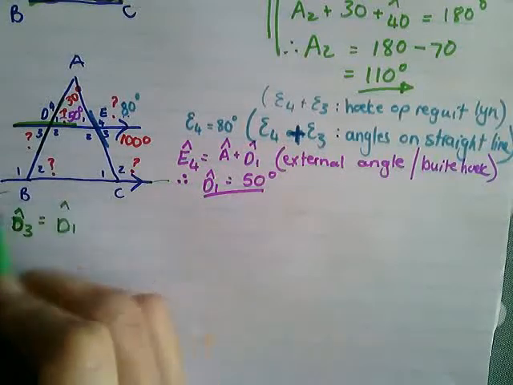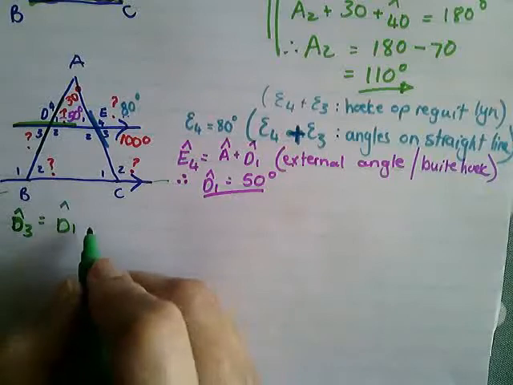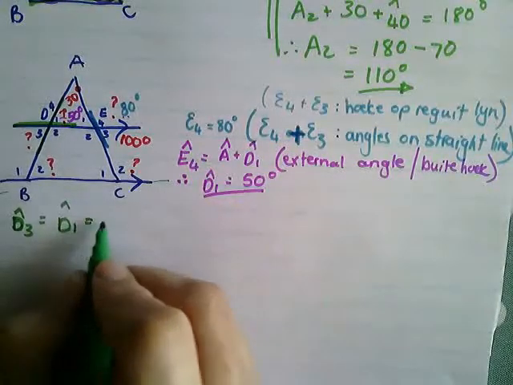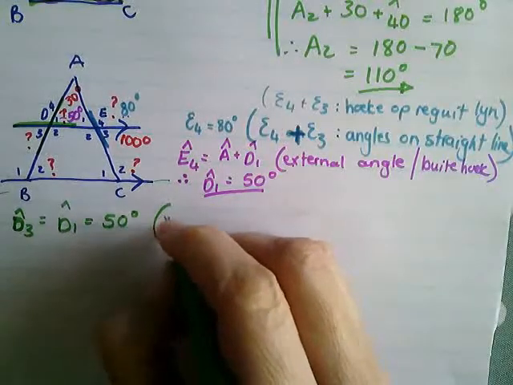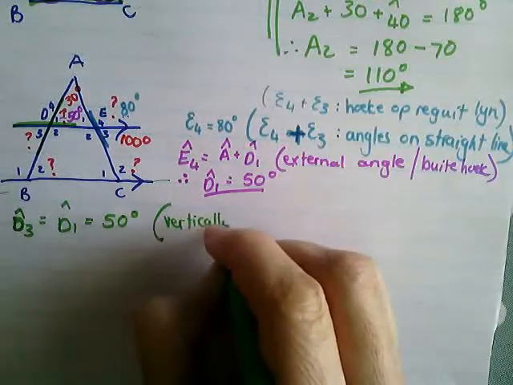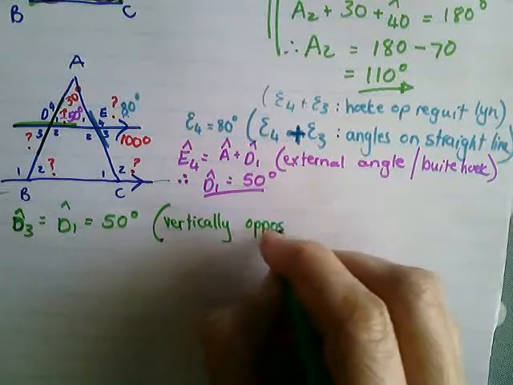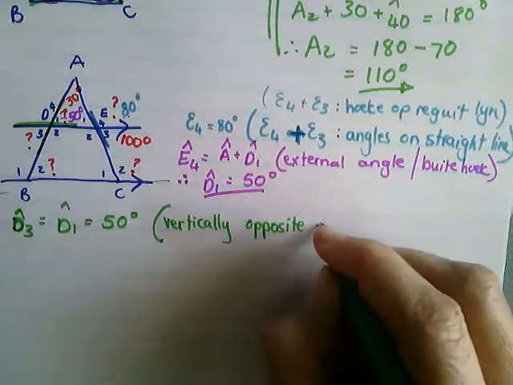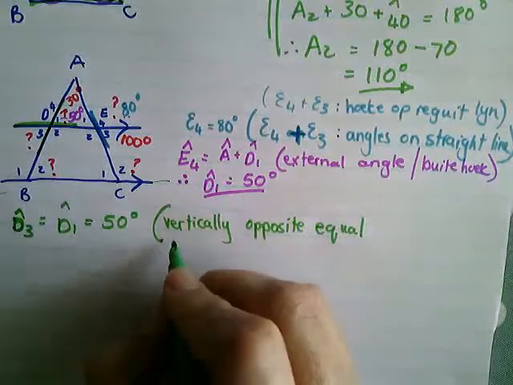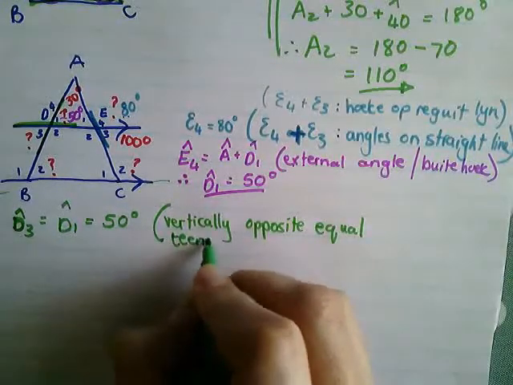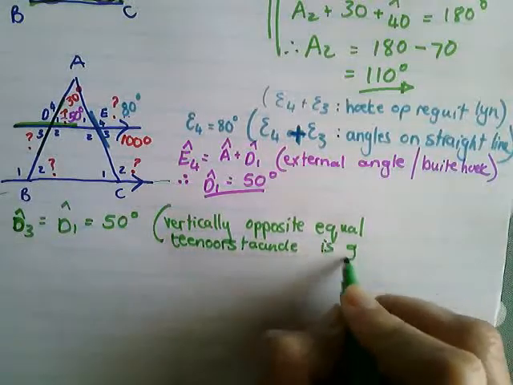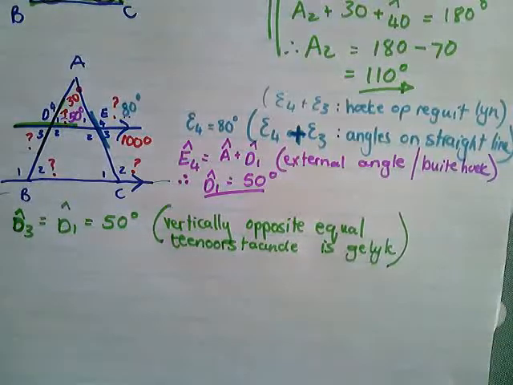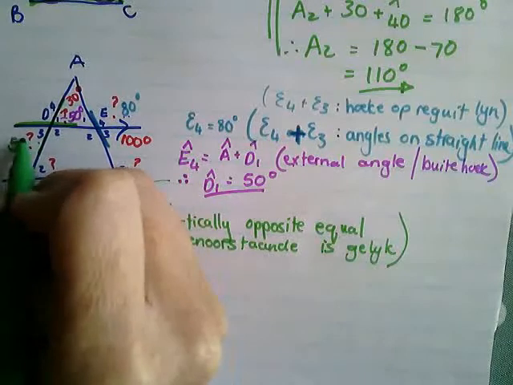Why can we say that those two are equal? And what are they equal to? They are equal to 50 degrees. Why? Because they are vertically opposite angles. And vertically opposite angles are equal. Okay? So teenoorstaande hoeke is gelyk. Okay, dit gaan jou rede wees. Hoekom jy dit gekry het? So as daai 50 is teenoor ook 50 grade.